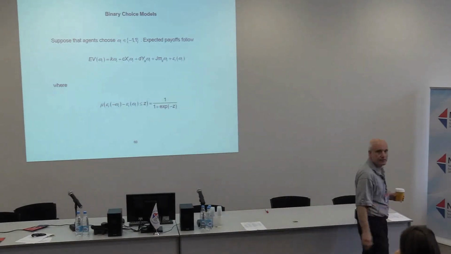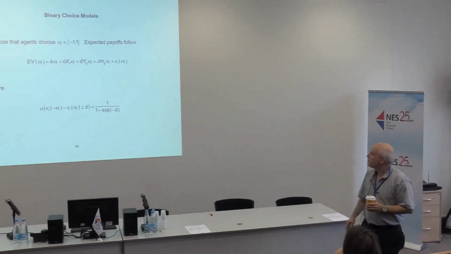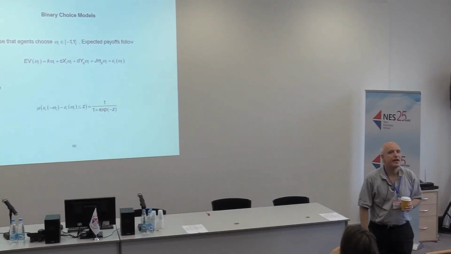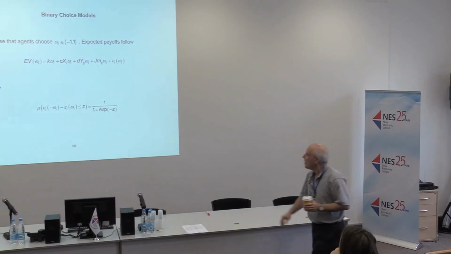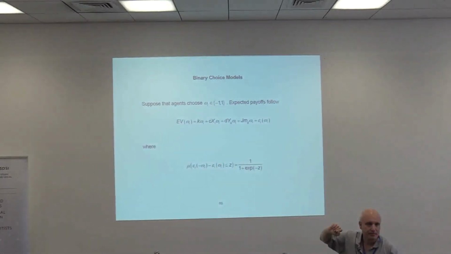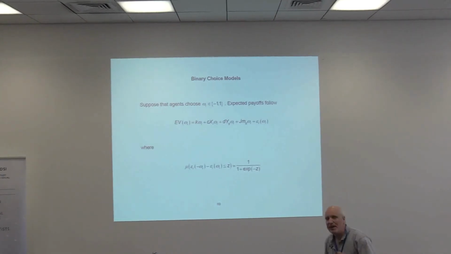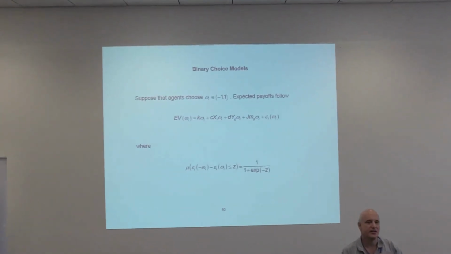Excuse me. Yes. What's the term epsilon i? Epsilon i is the unobserved payoff to each of the choices. There is unobserved heterogeneity. And what is its expected value? Oh, I'm sorry. So I'm the actor. Okay. The thing I don't know about is what other people are going to do.